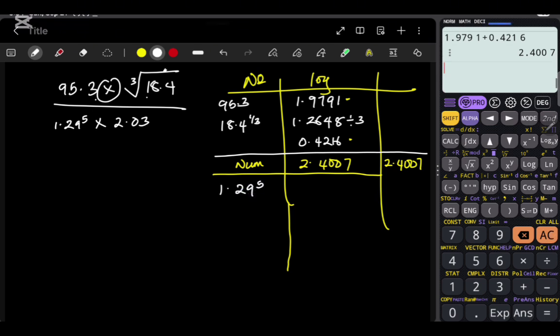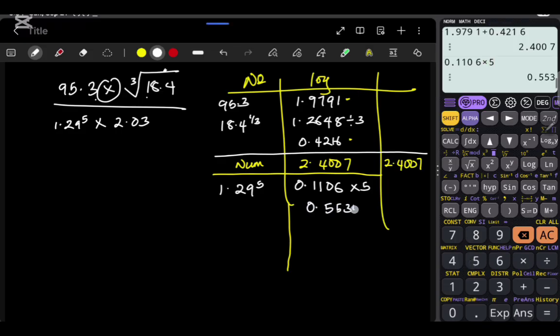So quick check, log 1.29 is 0.1106. So we quickly approximate. Raised to the power 5 means multiply by 5. So that's 0.1106 times 5, and that gives you 0.5530.